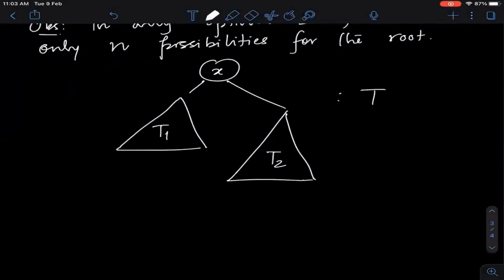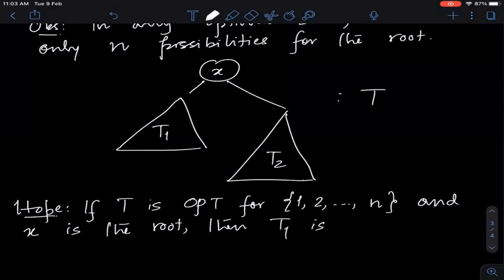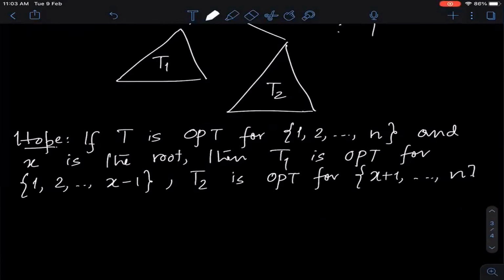Our hope is that if T is optimal for 1 up to n, and X is the root, then T1 is optimal for 1 to x minus 1, and T2 is optimal for x plus 1 up to n.